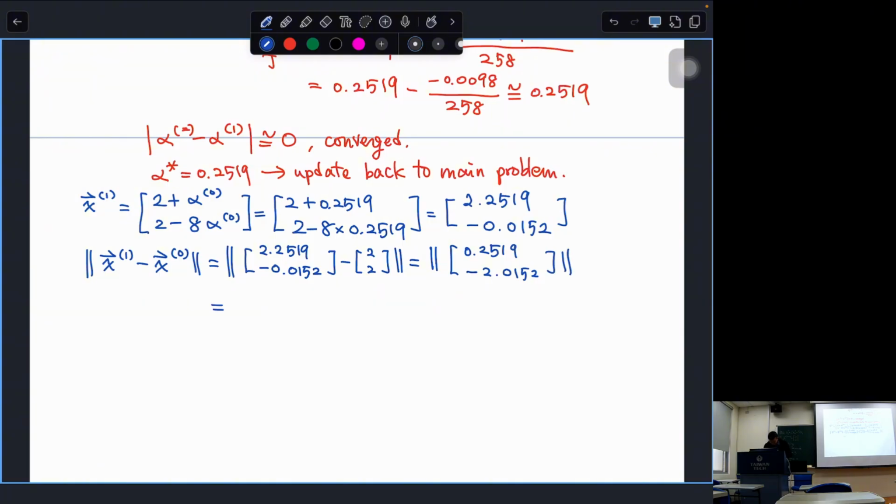So this is like, you need to compute the length of this. 0.119 squared plus... take a square root.